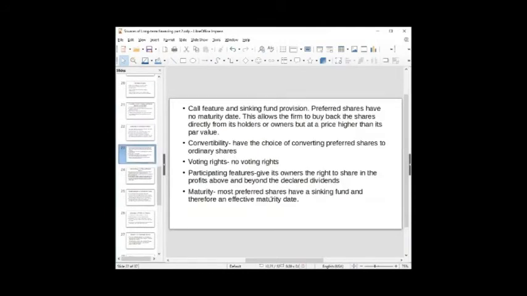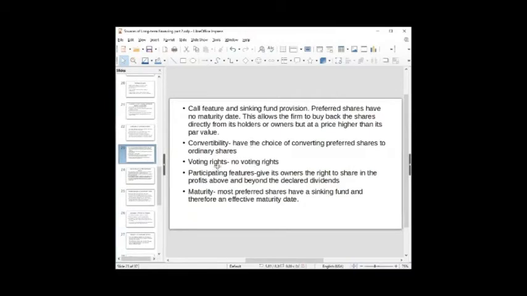Now, other attributes of preferred shares are the call feature and sinking fund. Preferred shares have no maturity date. This allows the firms to buy back the shares directly from their holders or owners, but at a price higher than the par value. Convertibility gives the choice of converting preferred shares to ordinary shares.